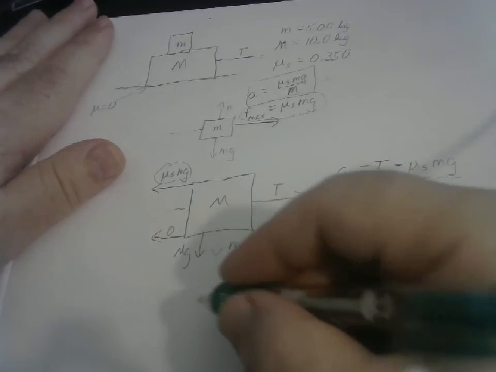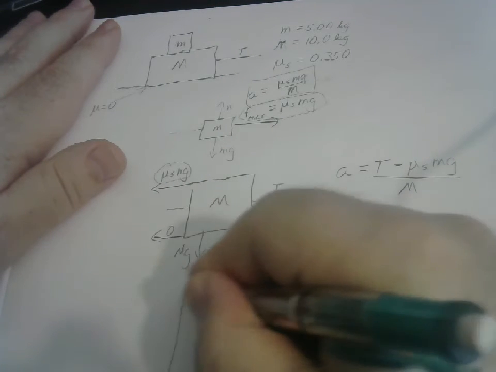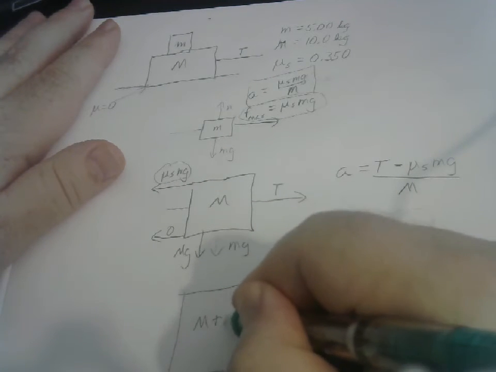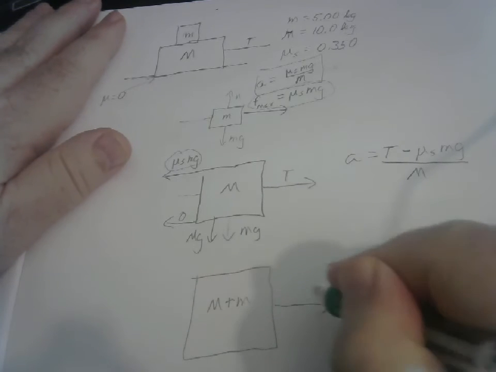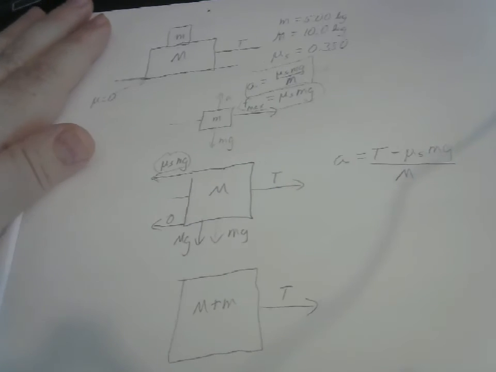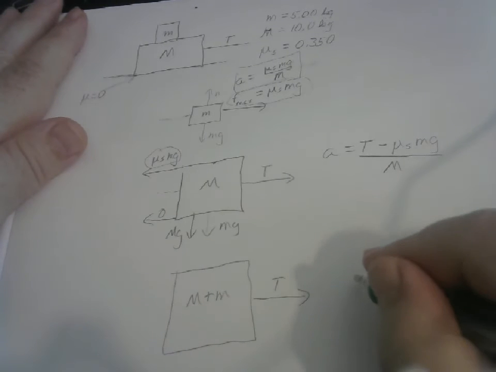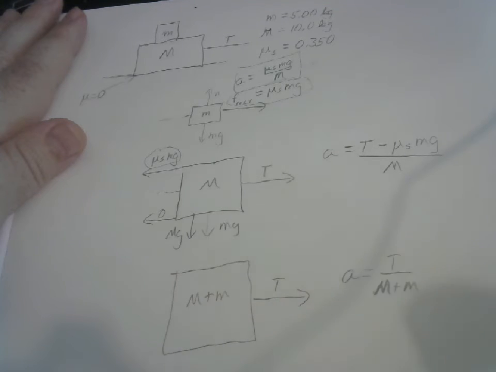Now if we did think of the whole system, it will be a mass of M plus m, and the only sideways force on it would be the tension. So acceleration equals tension divided by M plus m.